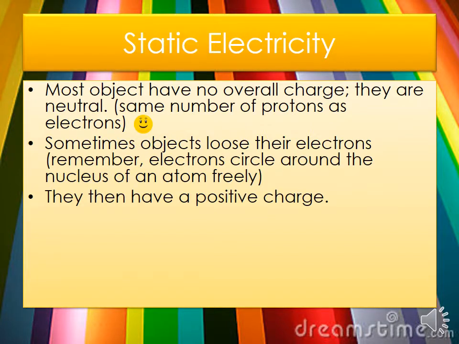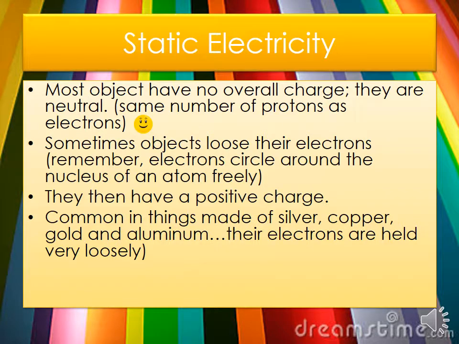All right, a substance that loses its electrons has an overall positive charge, because remember, it's losing those negatives, giving the atom an overall positive charge. This is common in things made of silver, copper, gold, and aluminum. Based on their composition, they're metals.